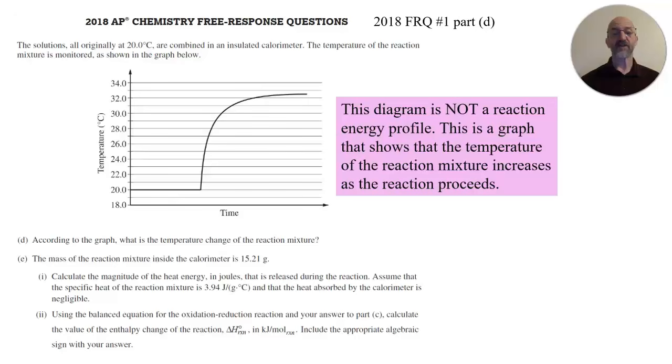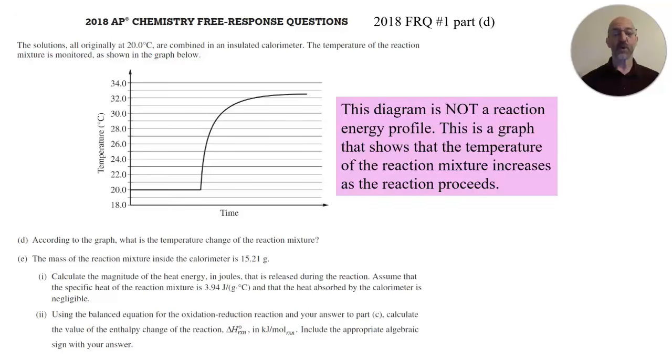This is a graph that shows that the temperature of the reaction mixture increases as the reaction proceeds. So be careful when you're looking at a diagram to make sure that you're not confusing a change in temperature with a change in potential energy. So this diagram would actually indicate an exothermic process because the temperature of the reaction mixture increases as the reaction proceeds.